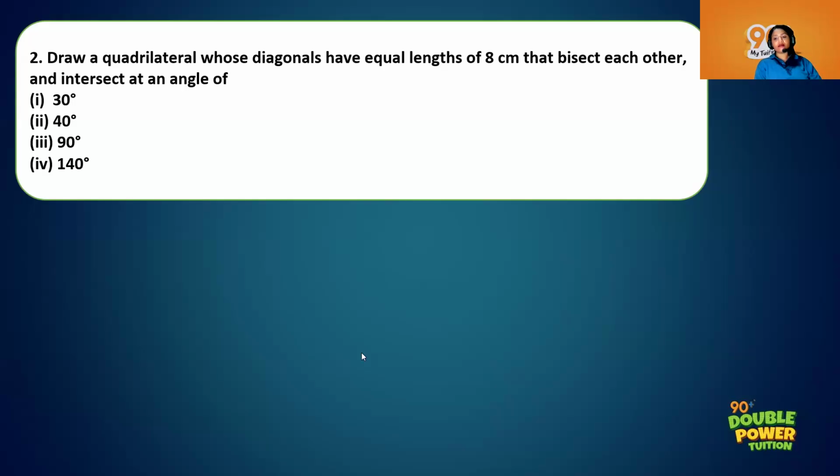Diagonals are equal. Think about the characteristics. Which quadrilateral has equal diagonals?